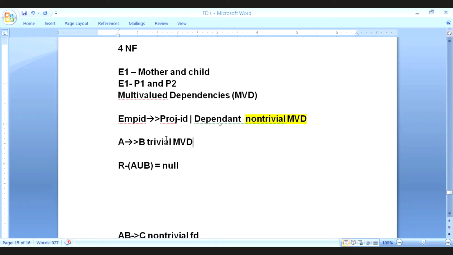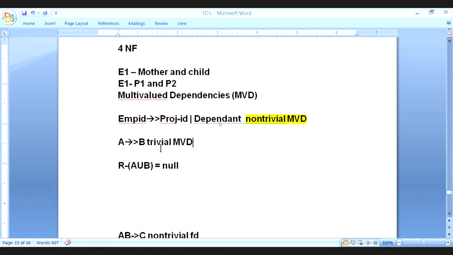Now, FD is a special case of MVD. Why is FD a special case of MVD? When a particular value of A is associated with a particular value of B, then we will say it is an FD, so FD is a special case of MVD where multi-dependency is not there.